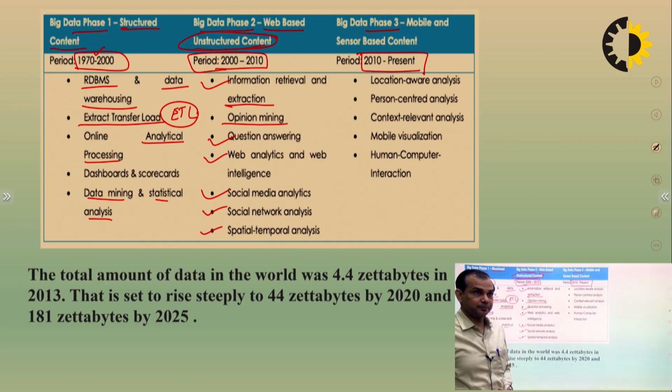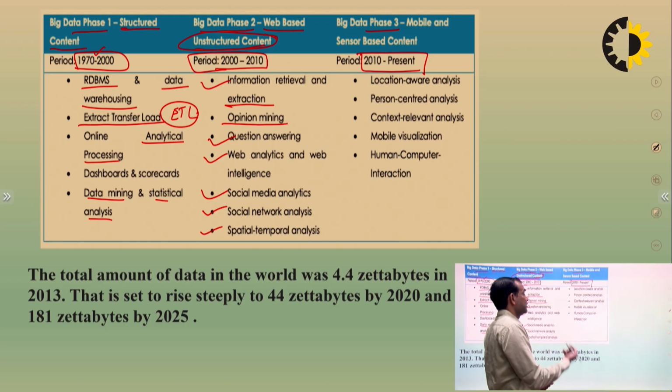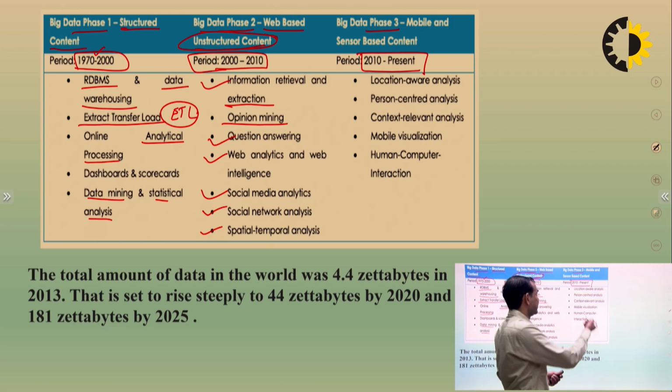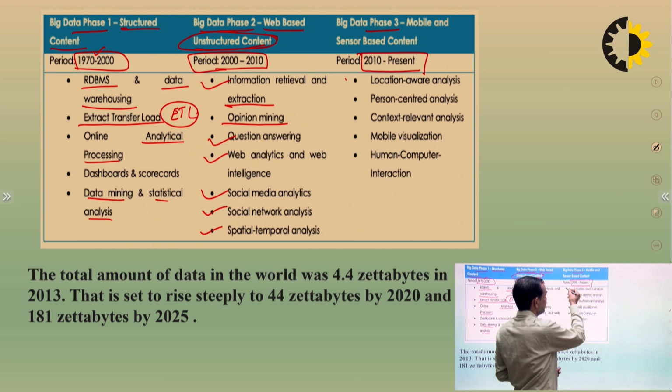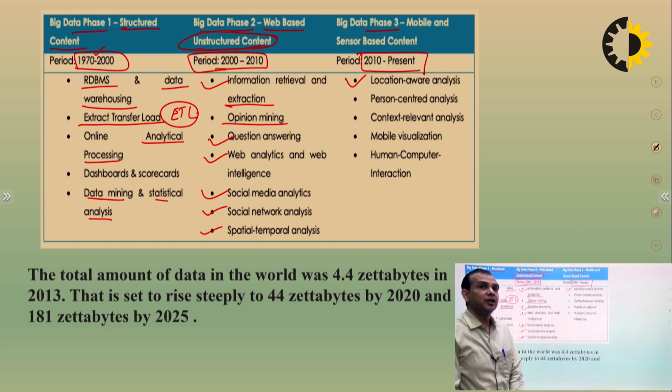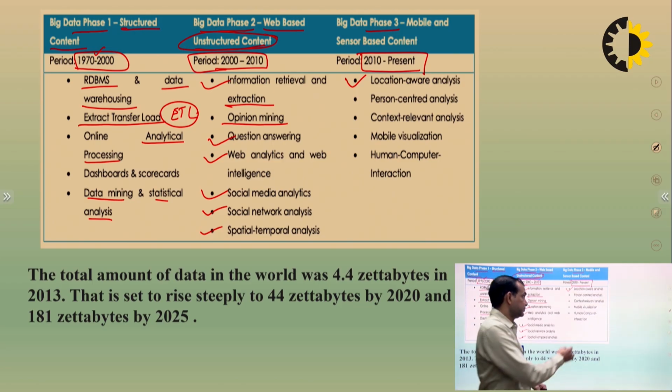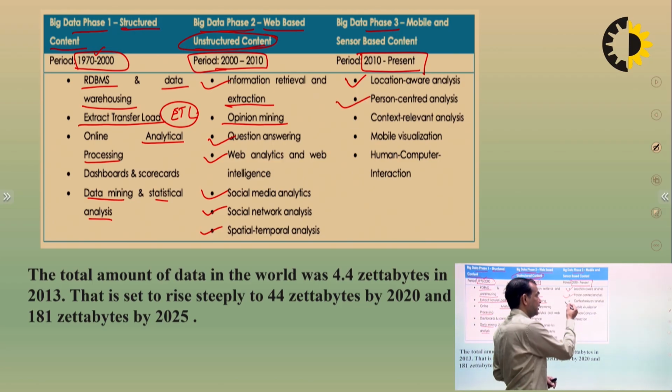We are using different types of devices, smartphones, mobiles, and sensor based content. So here we focus on location aware analysis, person centered analysis, then content relevant analysis, mobile visualization, human computer interface.